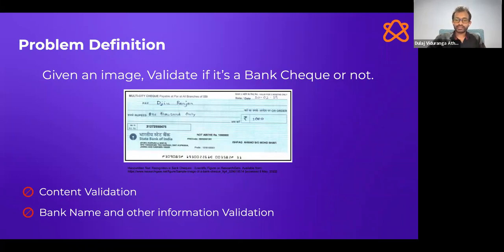It's quite a simple task, but you'll be able to find a lot of real world problems that you can solve with this kind of simple classification task. Mind you, we won't be doing any content validation of the bank check, such as the bank name and other information, because it's a little bit harder to cram into this kind of smaller session.